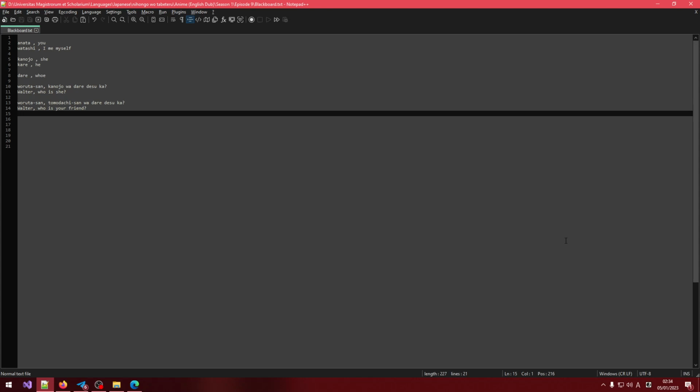This is what we call unliteral translation, and there will be cases in the Japanese language where we have to remove English or Japanese words from a sentence to make it more natural.